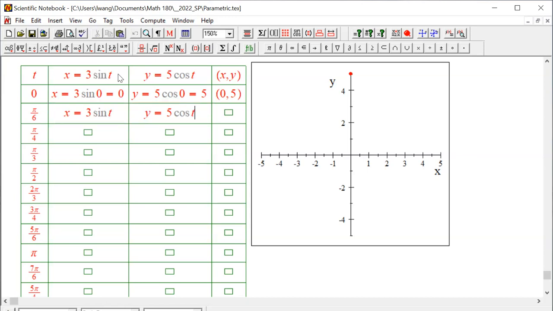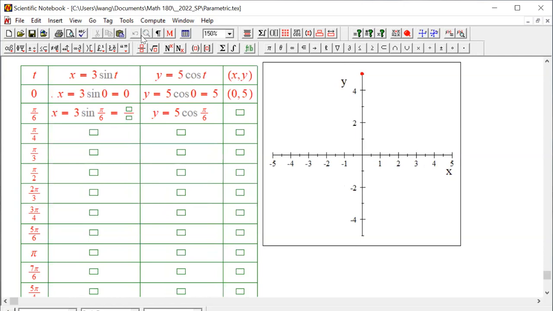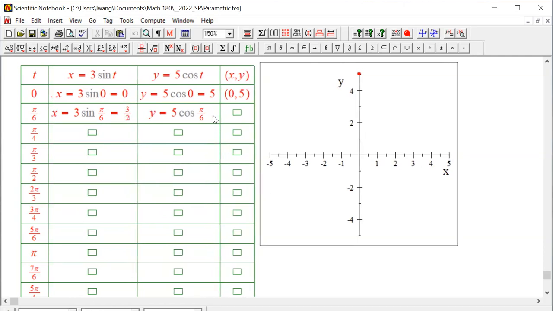Okay, at pi over 6. Right? So you just put the points in place. Pi over 6 is half. Half times 3 is 3/2. Okay, cosine pi over 6 is root 3 over 2.